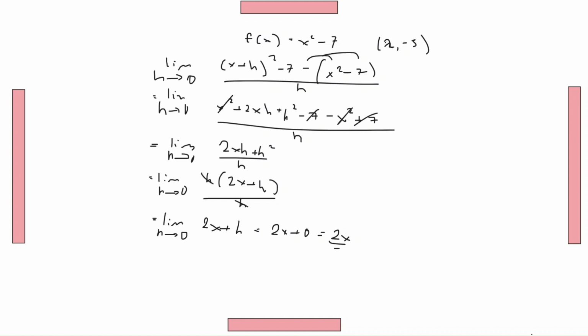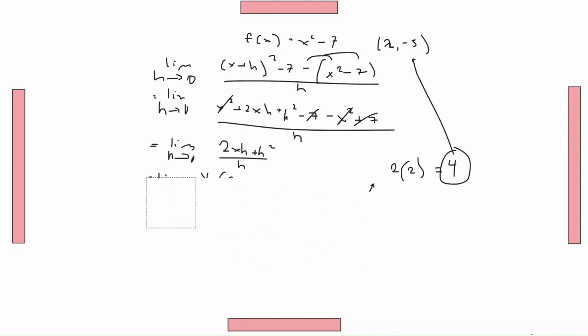Because we want to find just the slope, all we do is plug in the x value from the point, so 2, into the original derivative, and we'll get that the slope of the tangent line for this point is going to be 4, but the actual derivative, remember, is 2x.